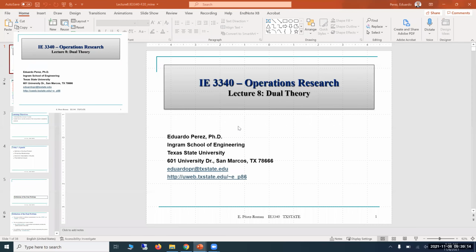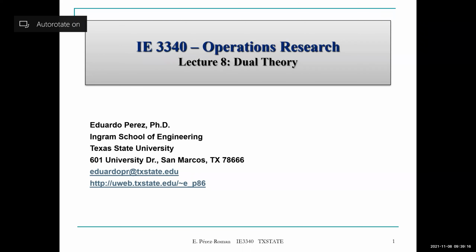Okay, so as I was saying, the dual theory is connected to what we discussed in terms of the sensitivity analysis. What we're going to do now is look at the original linear programming model.